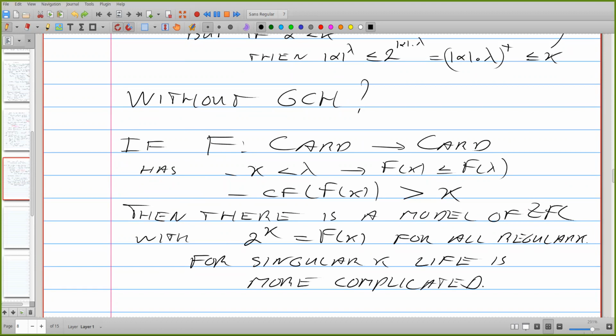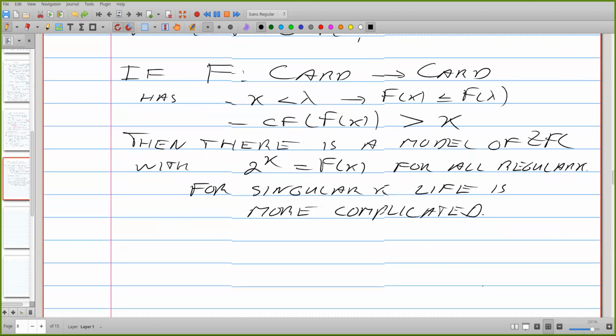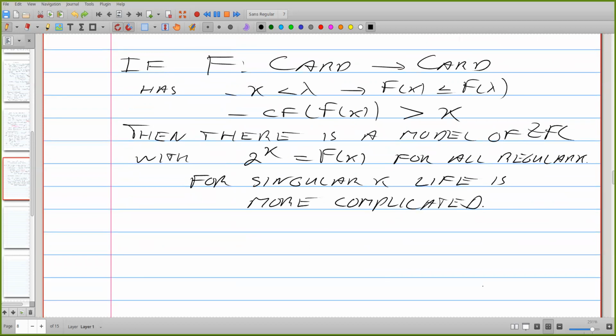For singular kappa, life is more complicated. You can find some of these things in Jech's book, and other things were left out.